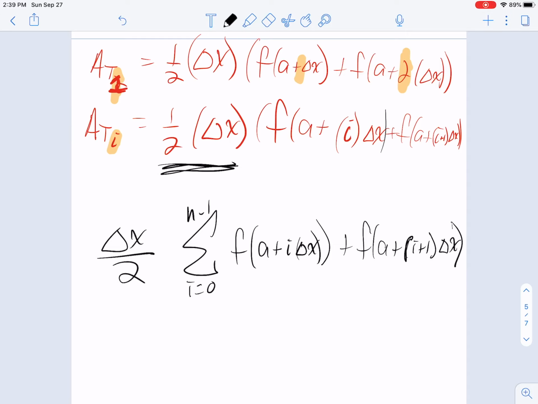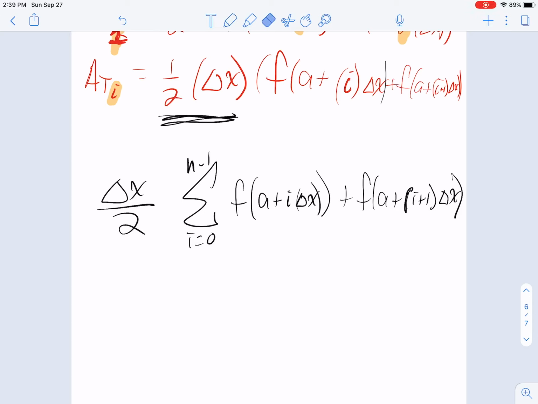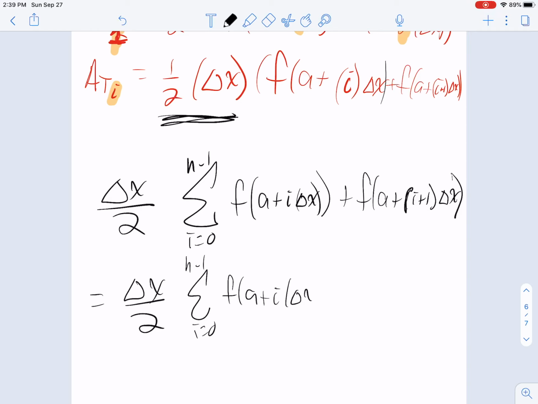Since these are just two sums, and this sigma is also a sum, I could rewrite this as delta x over 2, sum I equals 0 to n minus 1 of f of a plus I delta x plus the sum I equals 0 to n minus 1 of f of a plus I plus 1 delta x.